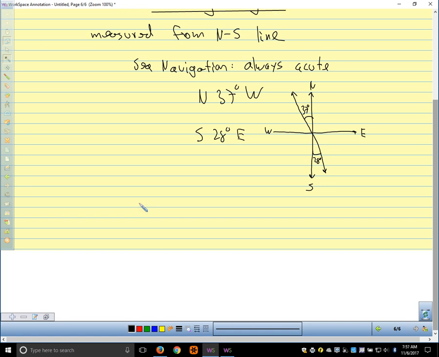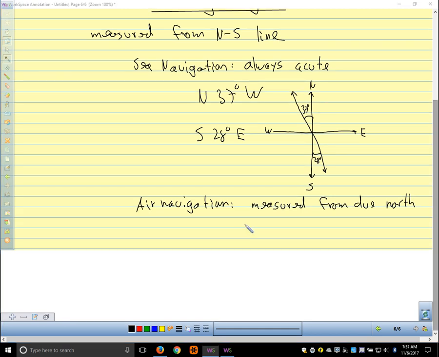Air navigation. In air navigation, your bearing angle is measured from due north. So your bearing angle might be 232 degrees.